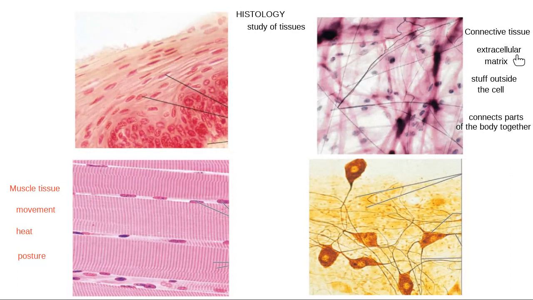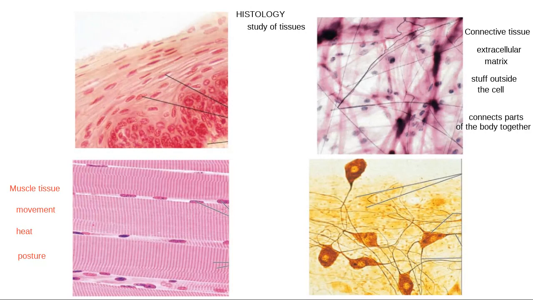Let's compare the fact that connective tissue has a bunch of stuff on the outside to my type of tissue over here that doesn't have anything on the outside of the cells because it's made entirely of cells. Which of the 4 main types of tissue do we see over here? Who's this over here on the left?